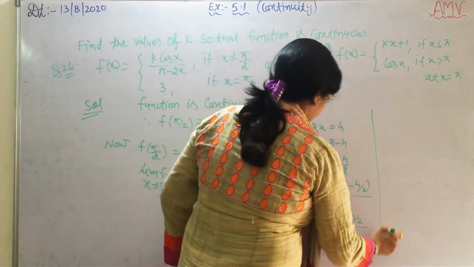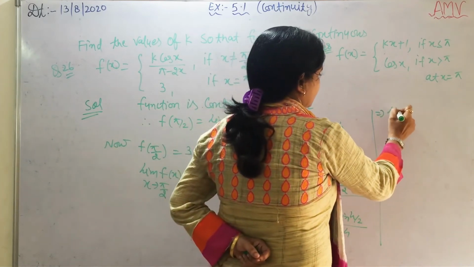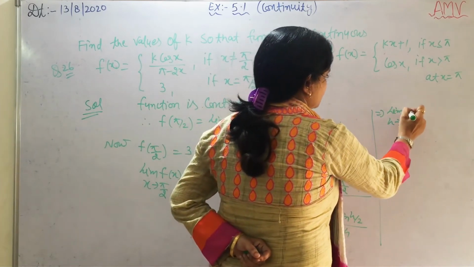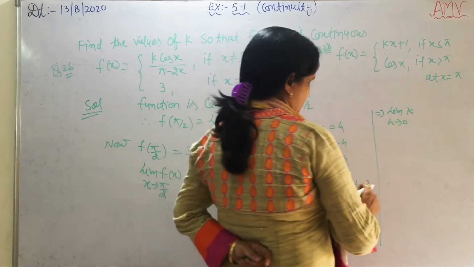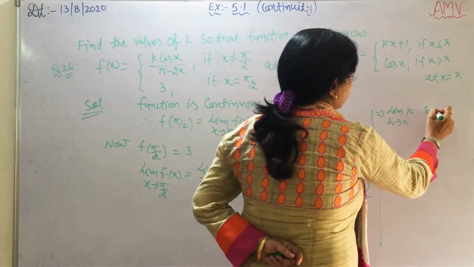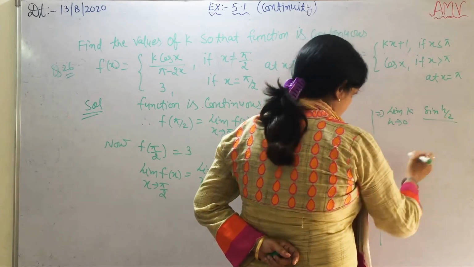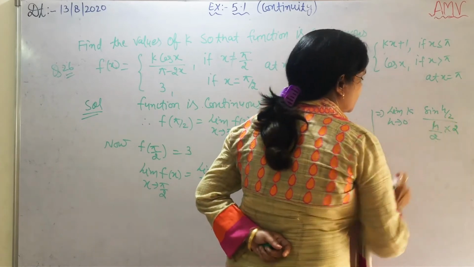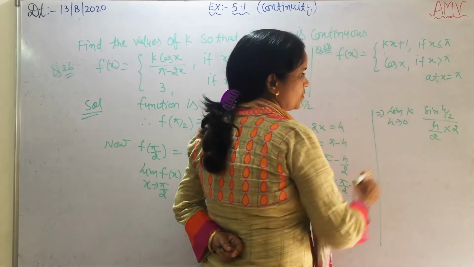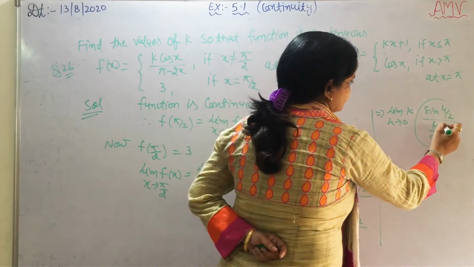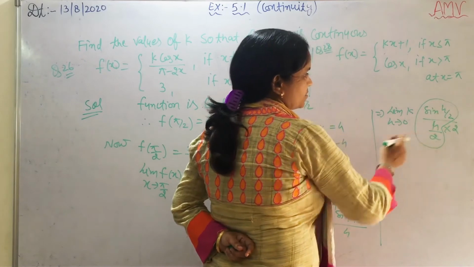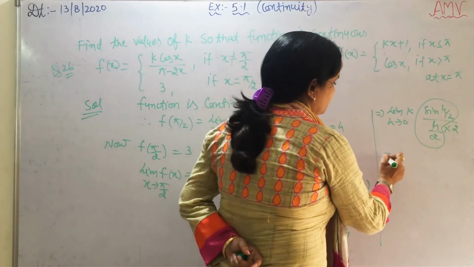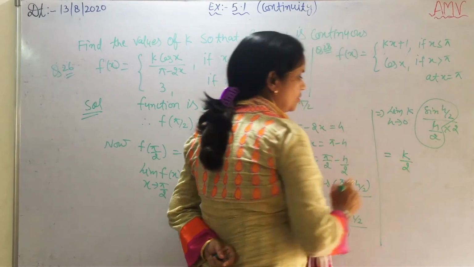So next step, limit h tends to 0, k write as it is. Here sin h by 2 over h by 2, into 2. Multiply and divide by 2. Now students, this sin h by 2 over h by 2 becomes 1 and the limit will be k by 2 only.